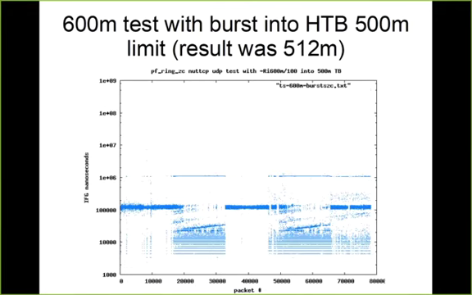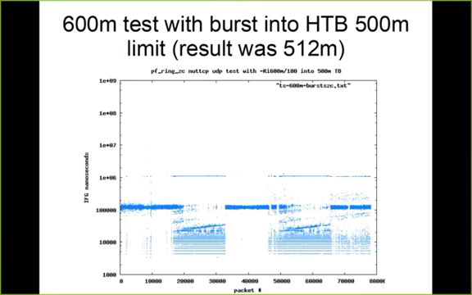Then I ran a test with 600 megabit requested rate and 100 packet bursts. And you can see that there's no notable interburst gap showing up here at all. And the actual throughput result from nuttcp was about 512 megabits.